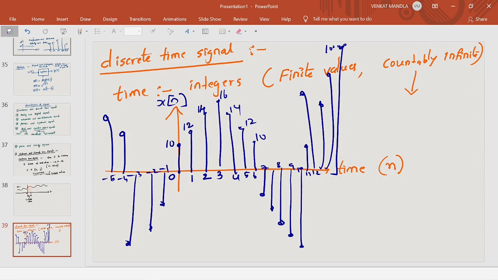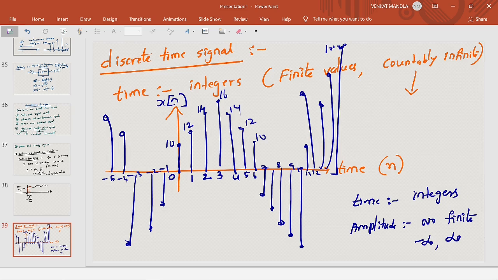So the time axis is integers, but the amplitude is not finite. It can take any value between minus infinity and infinity.